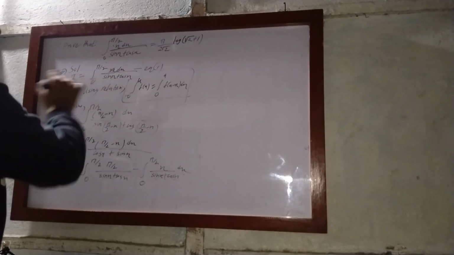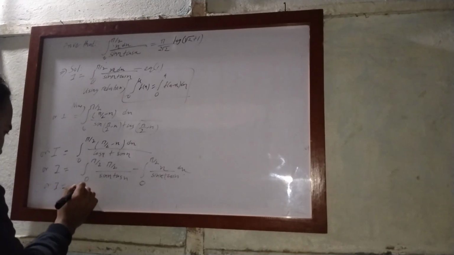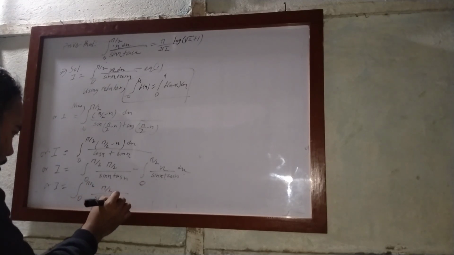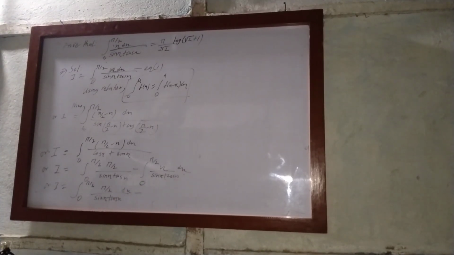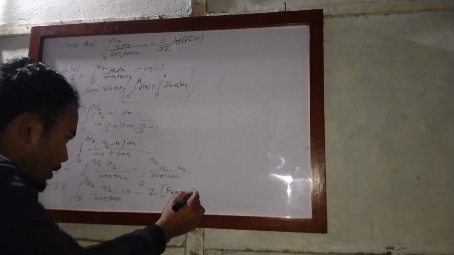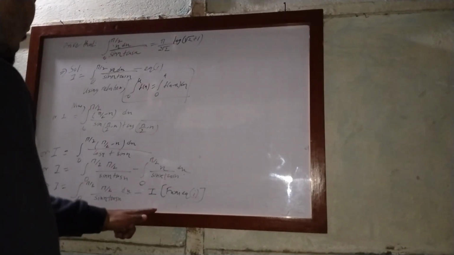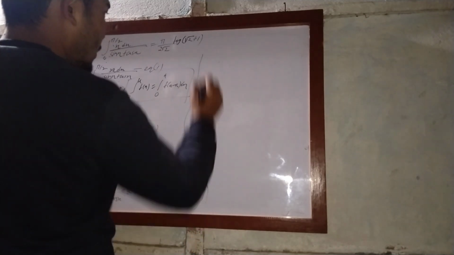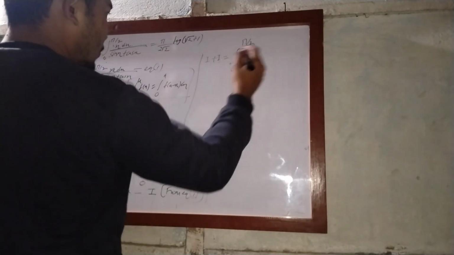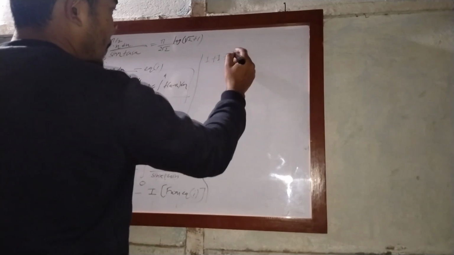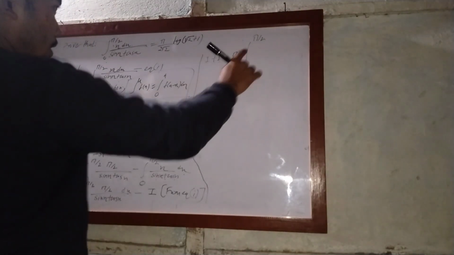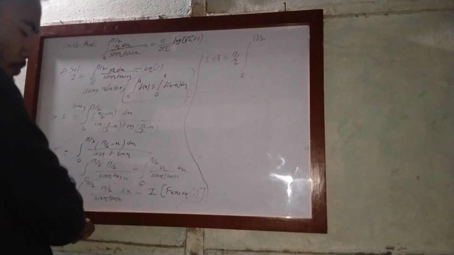So in place of this we can write I. I is equal to the integral from 0 to pi by 2 of (pi by 2) by (sin x plus cos x) dx minus, in place of x by (sin x plus cos x) dx, we can put I. This is from equation I. Now add I plus I. Take pi by 2 outside, with upper limit pi by 2 and lower limit 0.